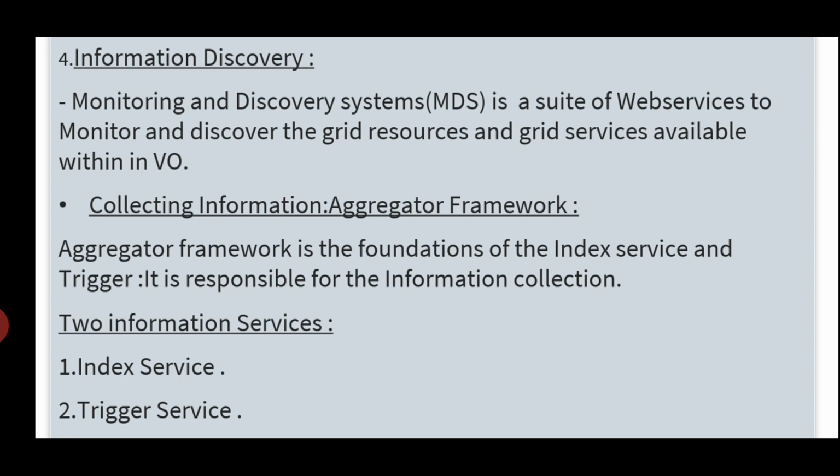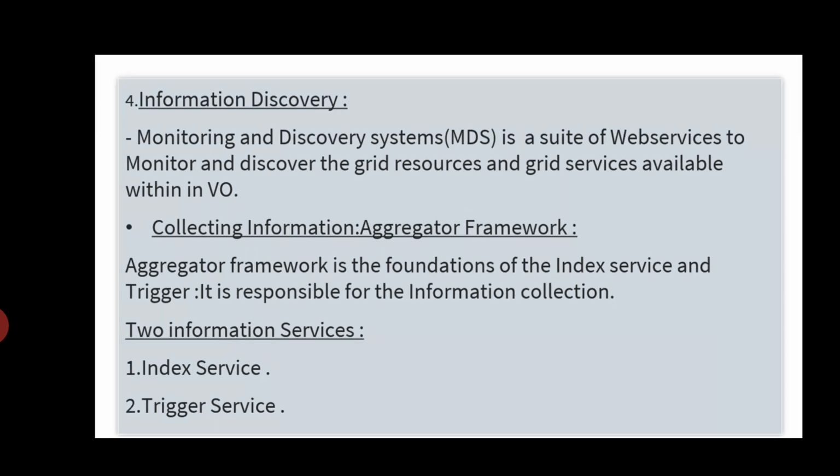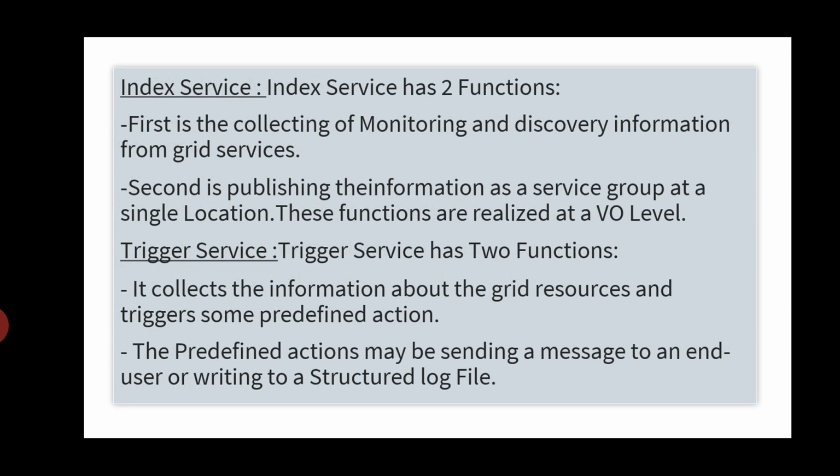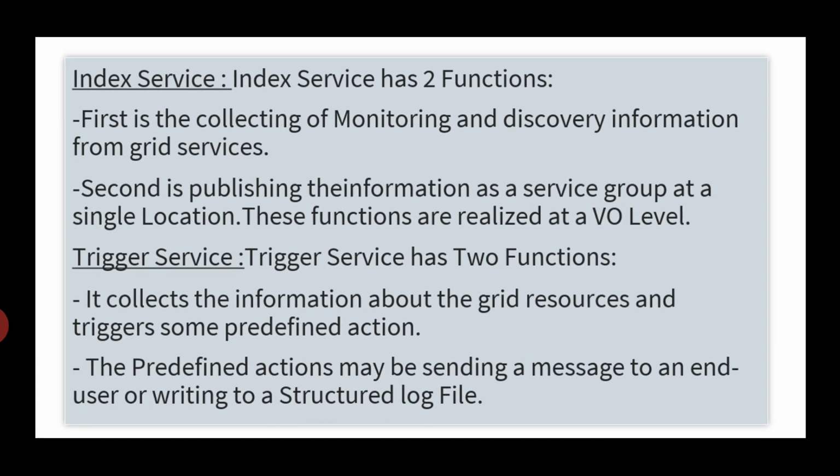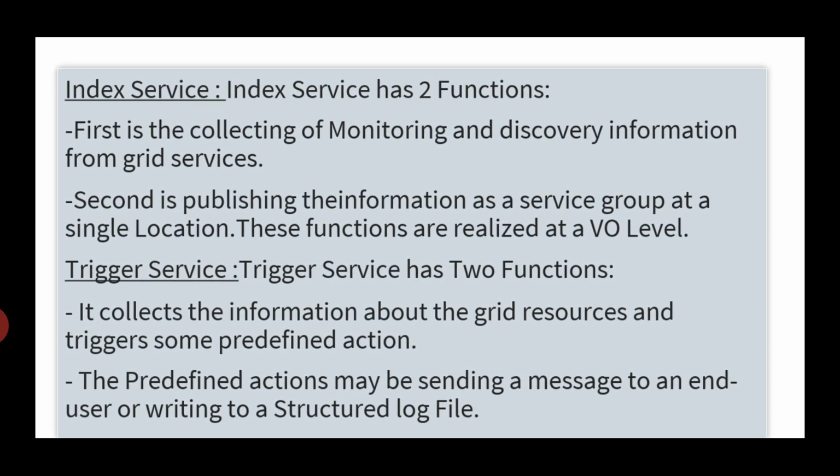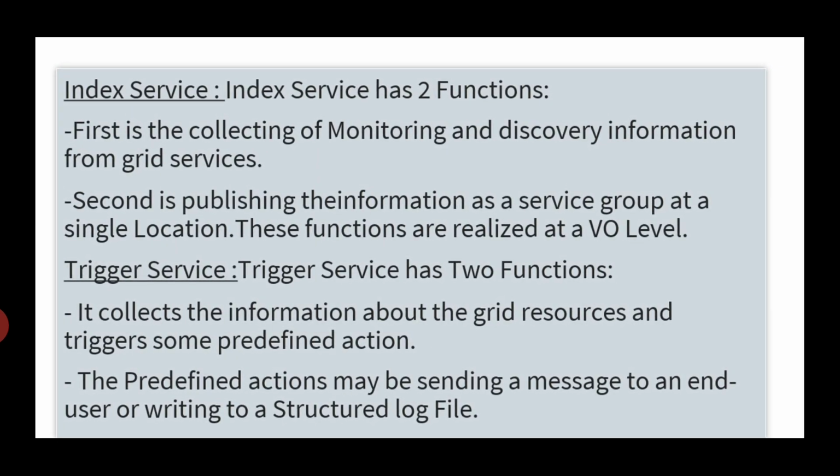Now coming to the next sub concept, here there are two information services. The first is the index service and the second is the trigger service. First, the index service. The index service has two functions. First is collecting monitoring and discovery information from grid services.